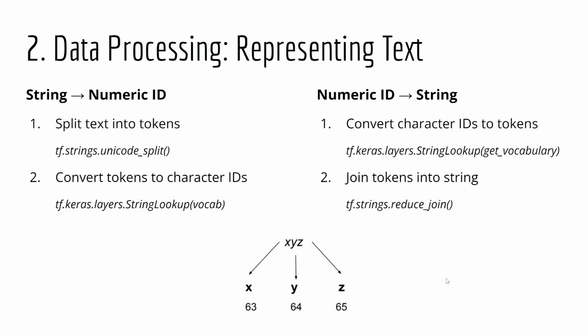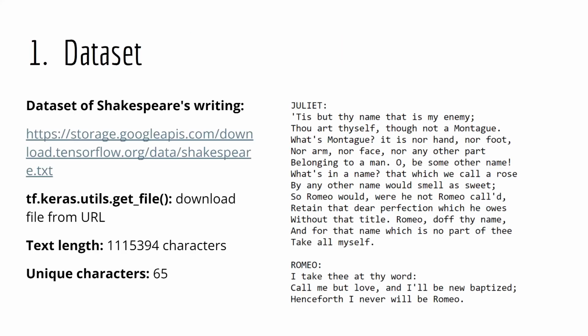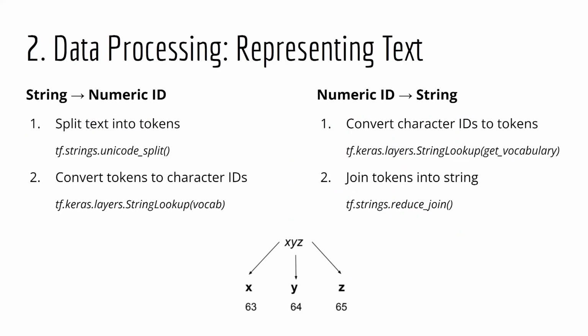Okay, so we have this writing, but we want to represent this text as data. These are the steps we have to go through to make it more machine understandable. When you're preparing the data set for training, you have to convert the string into numeric IDs.